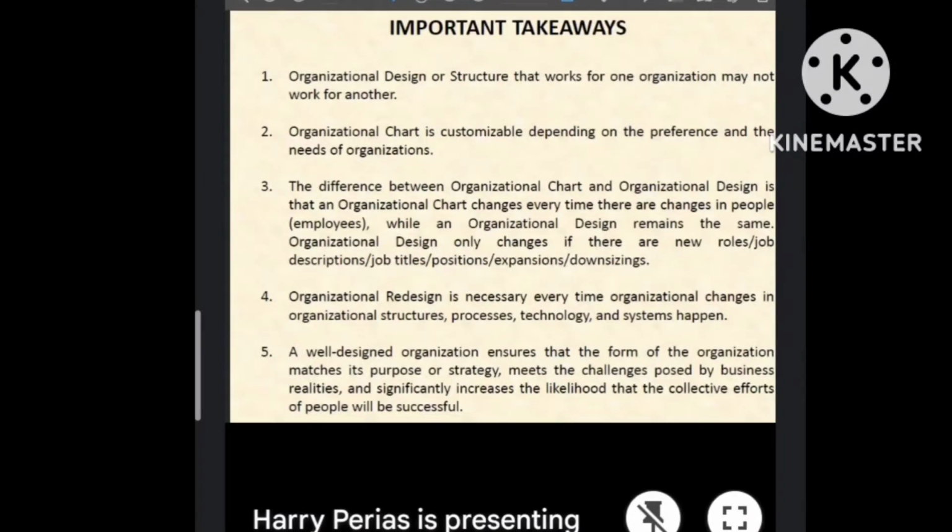Otherwise, hindi alam ng mga tao, maco-confuse sila kung ano talaga yung trabaho nila or yung gagawin nila. Like for example, sa isang lending company, magha-hire ka ng isang restaurant manager. Ano naman ang alam ng isang restaurant manager sa pagpapatakbo ng isang lending company? So, let's say, oo, madali namang aralin, maaaral naman ang isang trabaho.